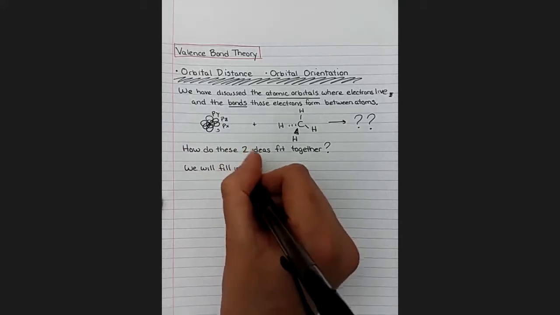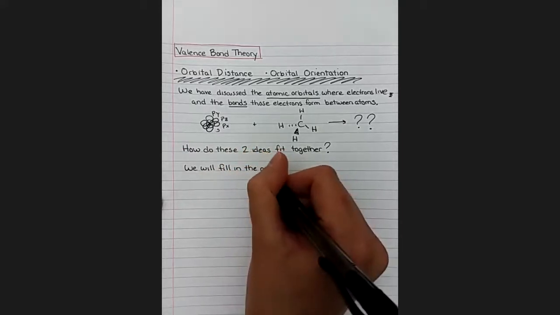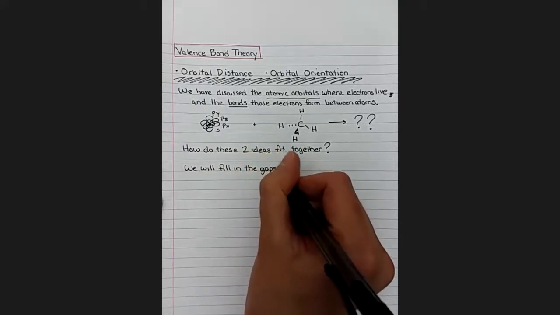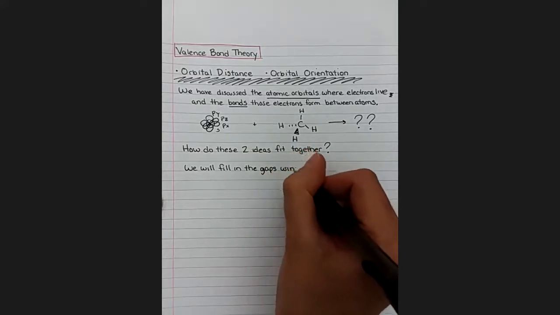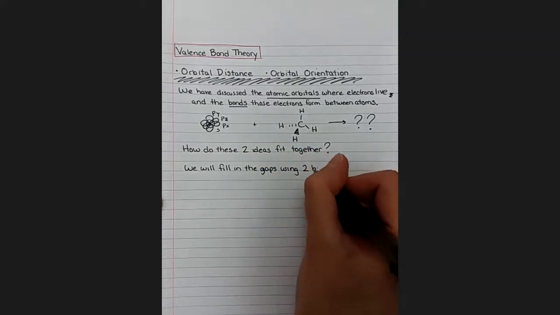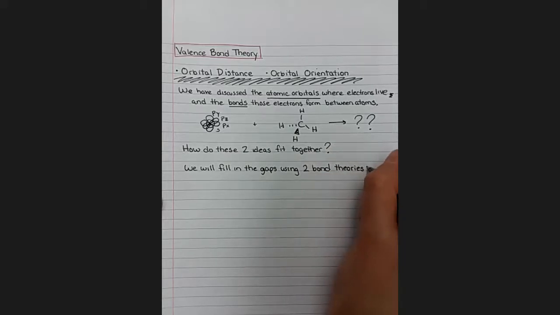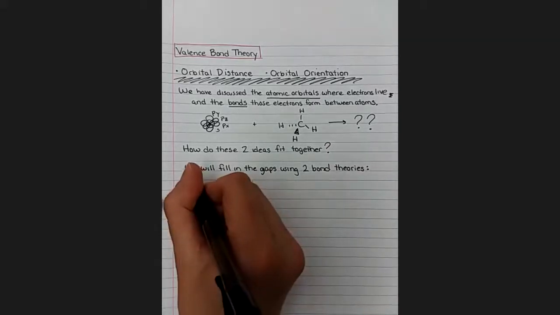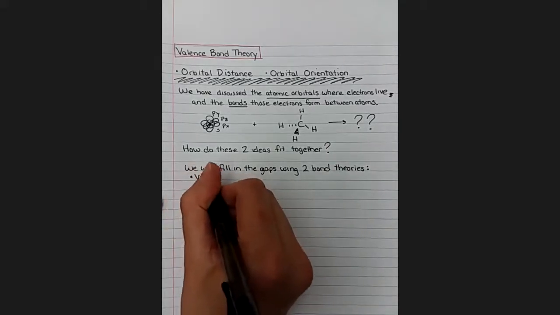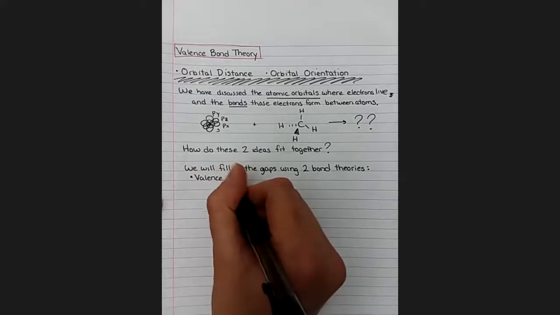So we're going to fill in the gaps using two bonding theories that are widely accepted in the scientific communities, each of them having their own benefits and setbacks. The first of those is called valence bond theory.